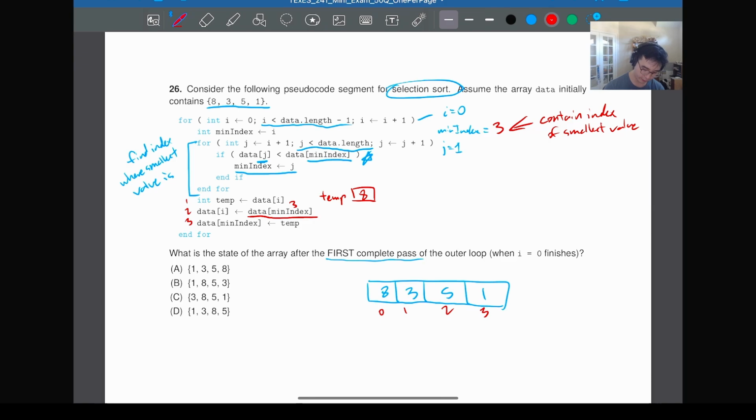That is data 3, which is the value of 1. So I'm going to put inside data 0 data 3, which is the 1. So I just ran line number 2 down there. And now I run line number 3. I'm going to put the value inside temp, which is that 8, inside data min index, which is 3. So I'm going to put 8 right here.